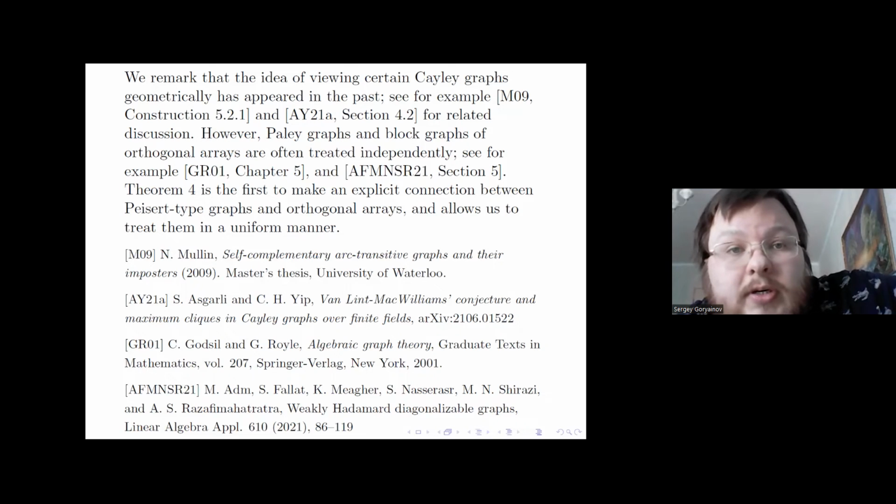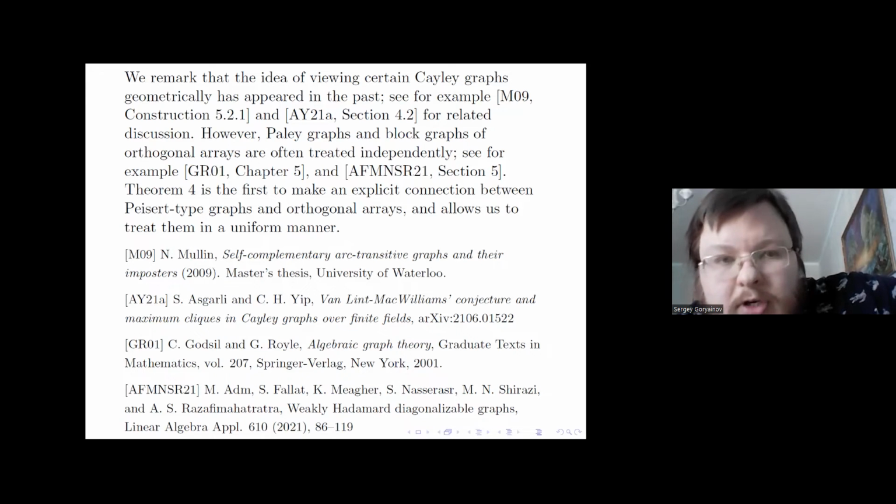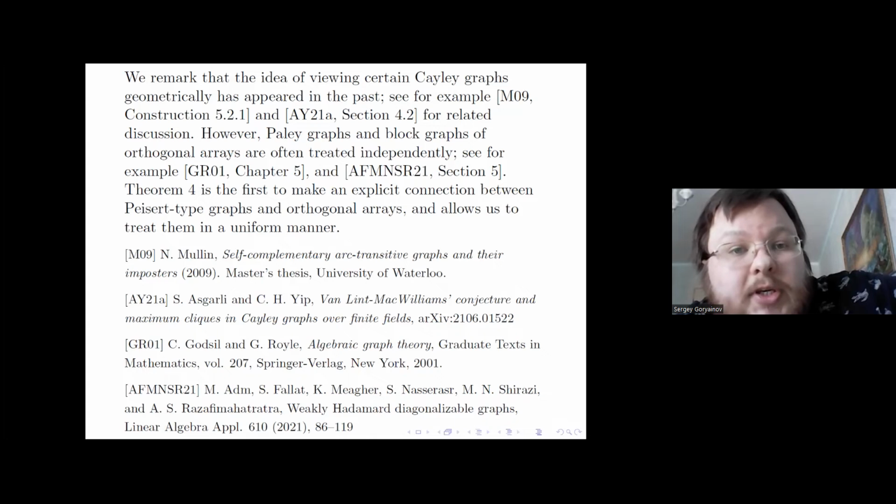For example, in the book by Godsil and Royle, also we can mention here the book by Godsil and Meagher, which is already discussed, and in a recent paper by Adam et al. Our theorem 4 is the first to make an explicit connection between Peisert-type graphs and orthogonal arrays and allows us to treat them in a uniform manner.